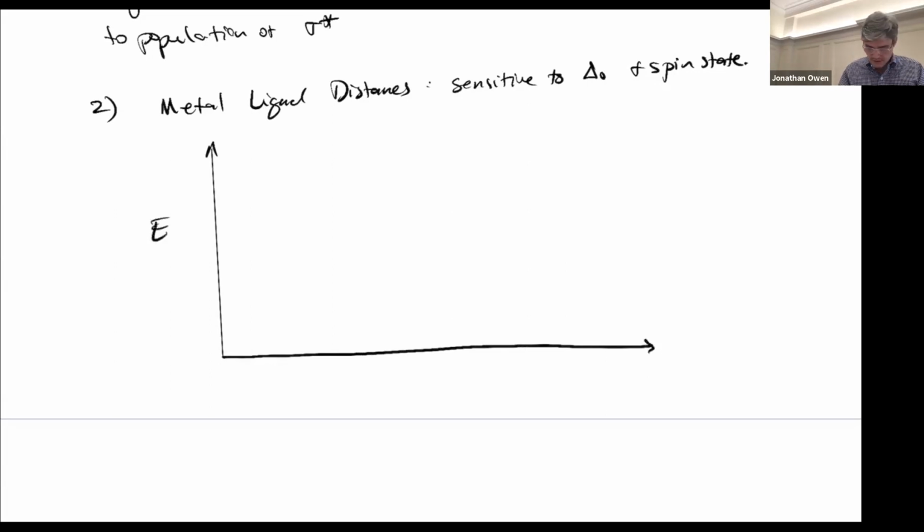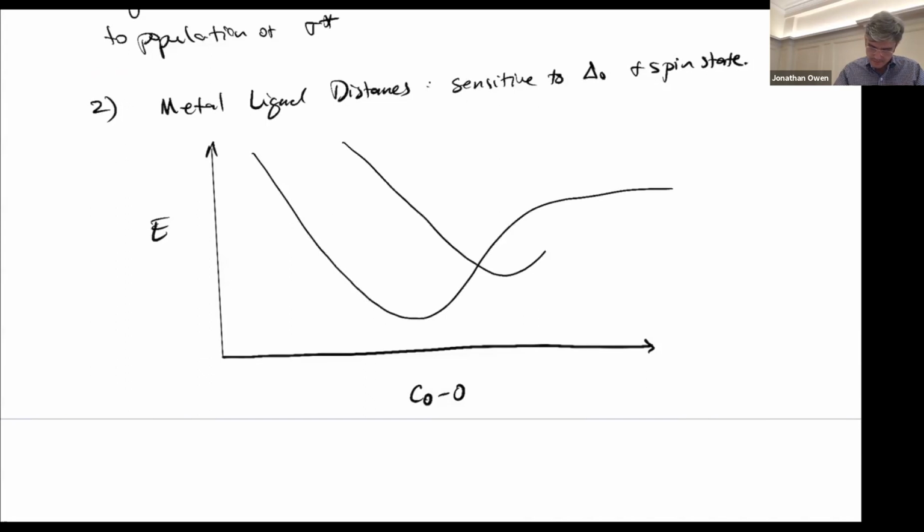So we're going to take a look at the energy versus the cobalt oxygen distance here, and we're going to compare two cases.